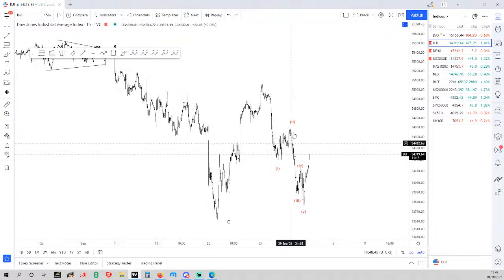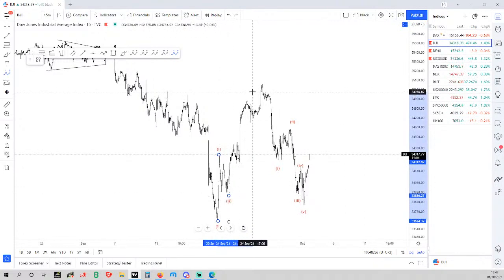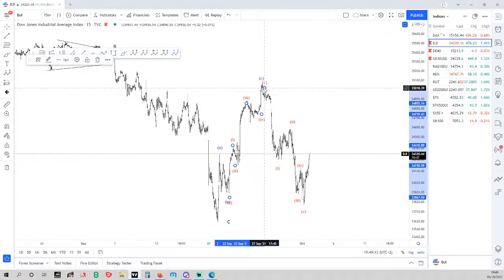Also, if this was ABC, here we would have had to have 5 waves. I struggle to count 5, to be honest. I count 3, A, B, C. And within this wave C, I see 1, 2, 3, 4, and 5.